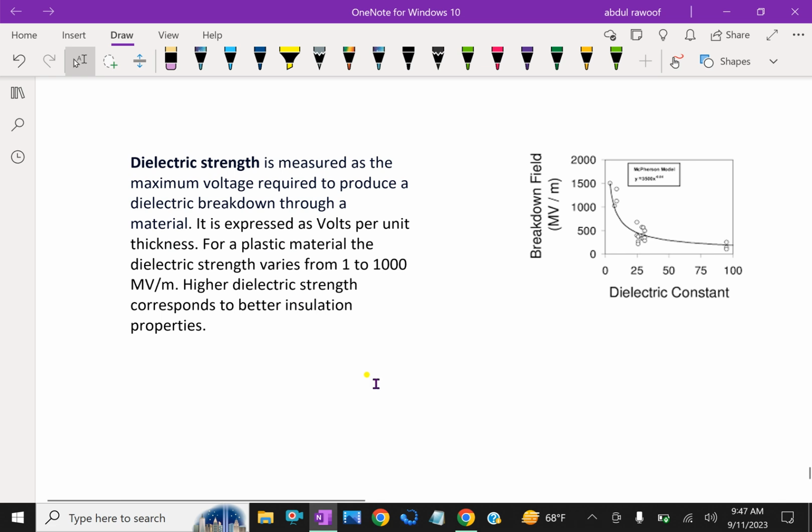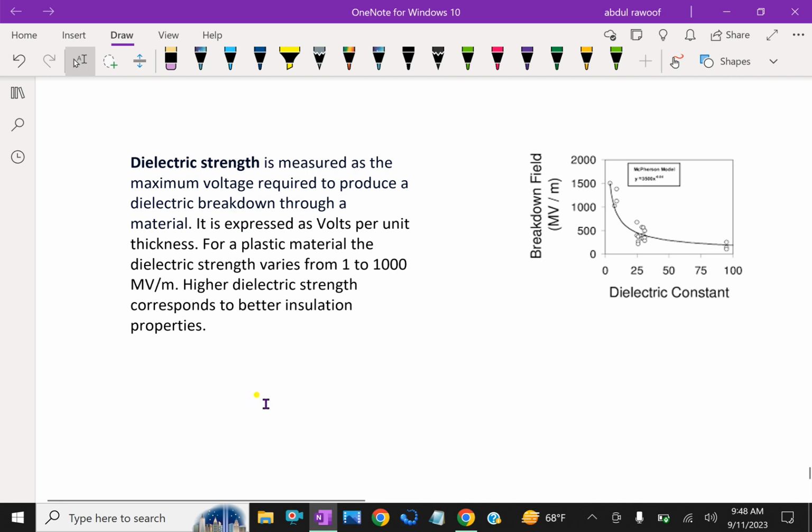Next is dielectric strength. It is measured as the maximum voltage required to produce a dielectric breakdown through a material. Suppose two wires are end to end, not connected. If the voltage between them becomes higher and higher, very high, then it breaks the air, that is the dielectric, and a spark will come between the two terminals.